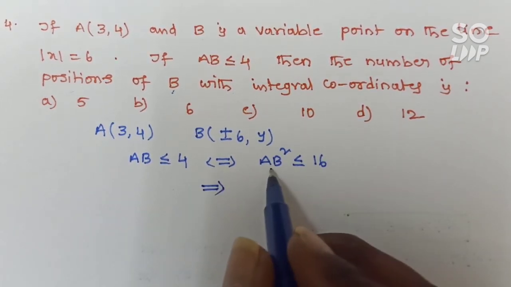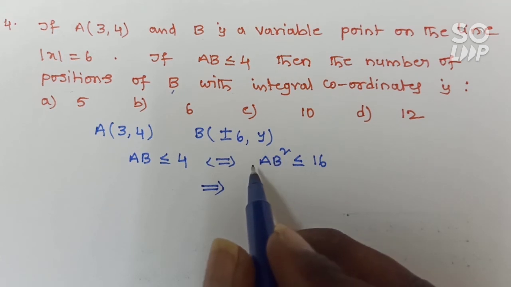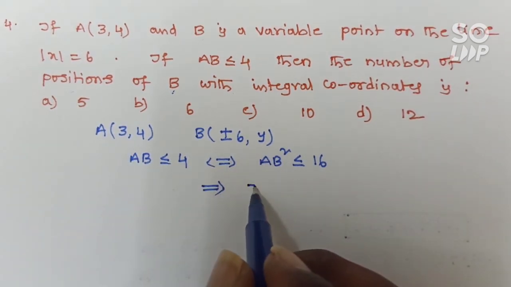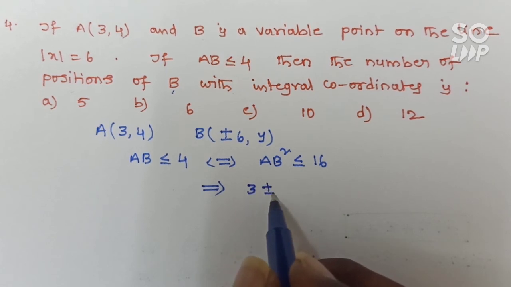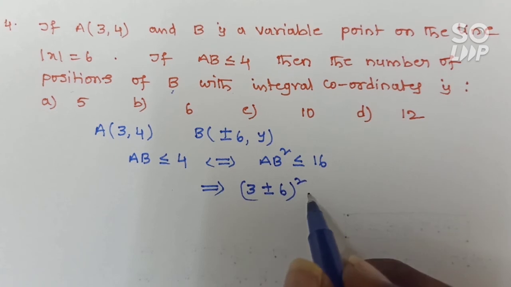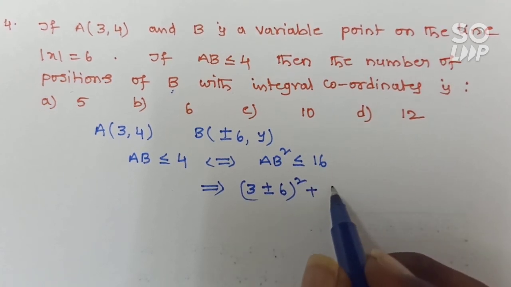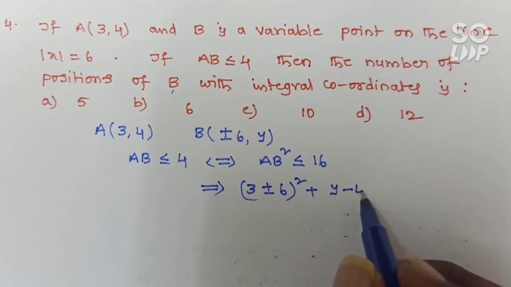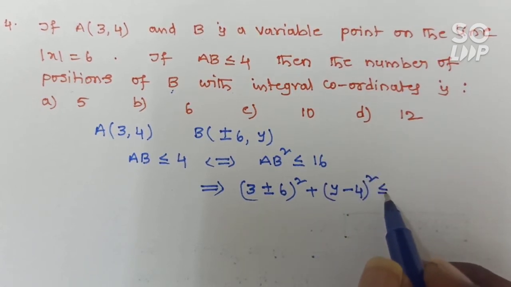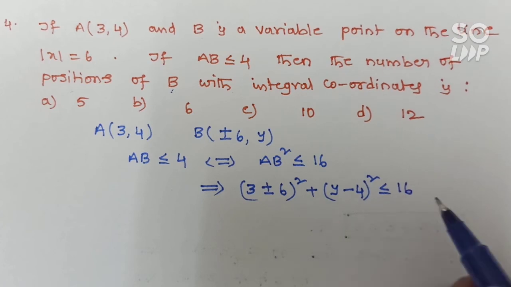That is nothing but, without the root, you write the distance formula. So x1 minus x2, that value is 3 plus or minus 6, whole square, plus y minus 4 or 4 minus y whole square, less than or equal to 16.